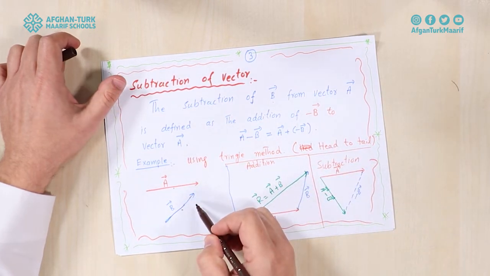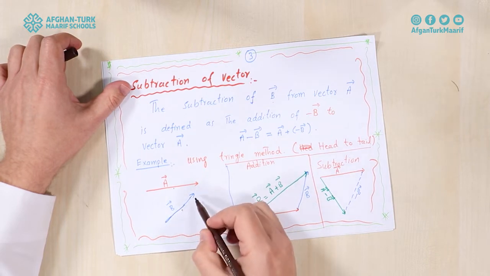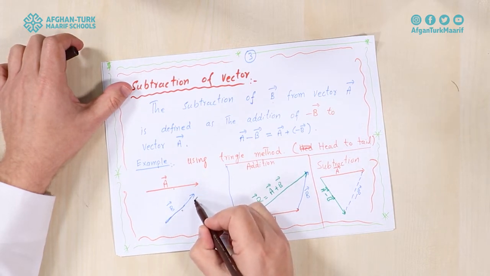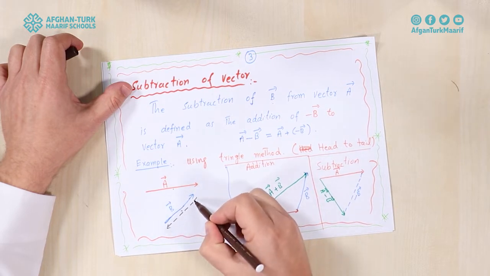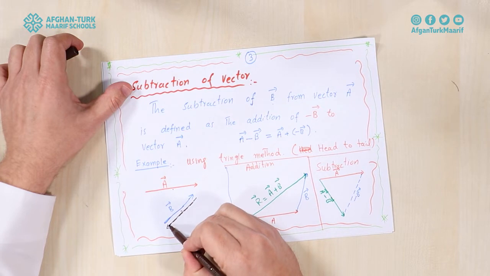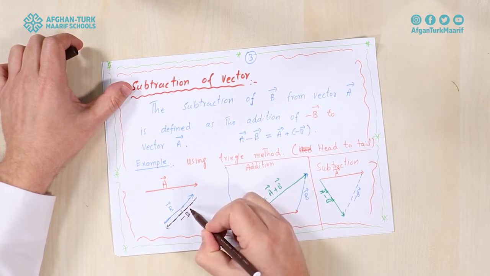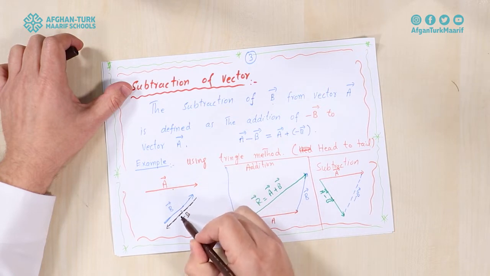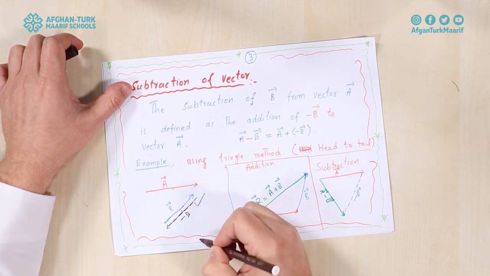First, you need to know how we make the negative of vector b. Very simple: just change the direction of vector b. If we change the direction of vector b with the same magnitude, this vector will show the negative of vector b.